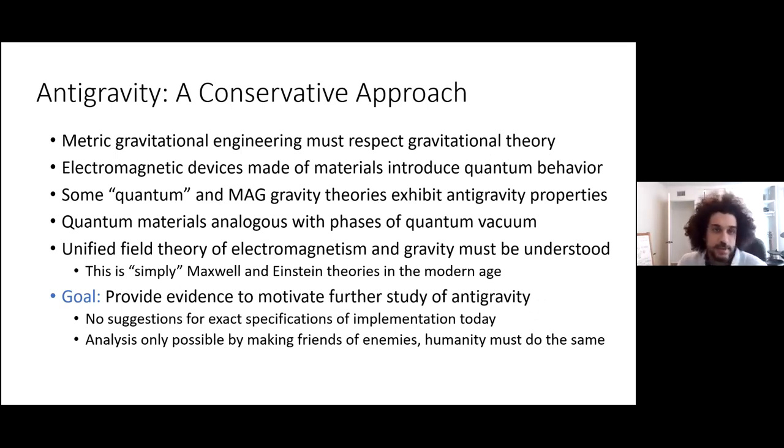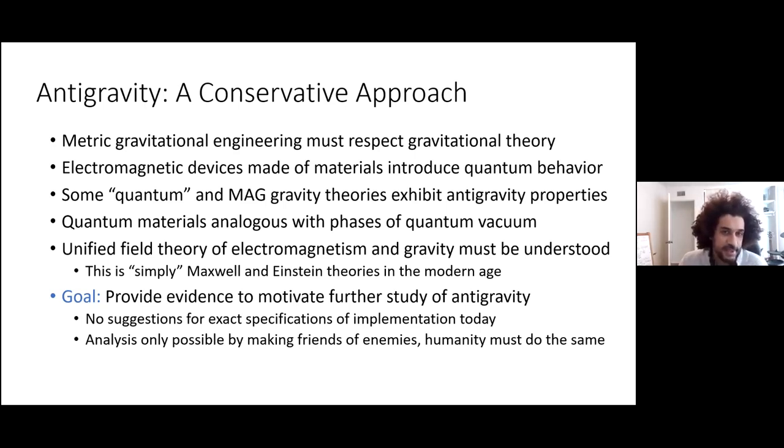If we're going to think about metric gravitational engineering, we have to understand gravitational theory, and we have to be able to work with it and understand how anti-gravity comes out of it. Realistically, we're going to use electromagnetic devices made out of materials, and we're probably going to want to induce some quantum behavior in those materials in order to get the effects we want. Therefore, we're going to have to understand how quantum materials interact with gravity.